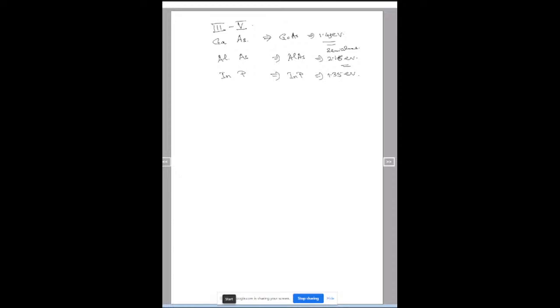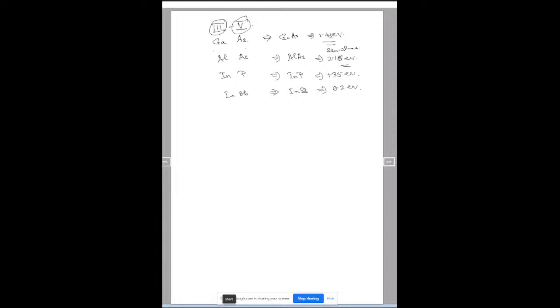So likewise, you can have a long list of materials by combining different elements from group 3 and group 5 to get different semiconductors, which will have a band gap of 0.2 electron volt. Okay, so these compounds which are formed by taking elements from group 3 and group 5 are called compound semiconductors.